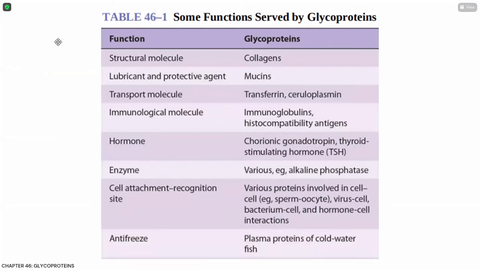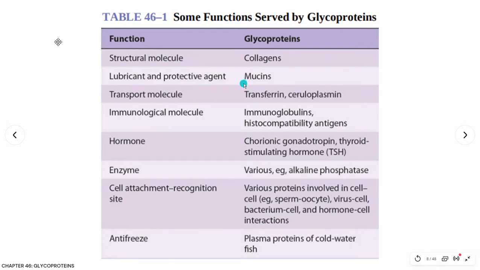So you have here function and glycoproteins. It can act as a structural molecule, which is brought about by collagens, or as a lubricant and protective agent, mucin.